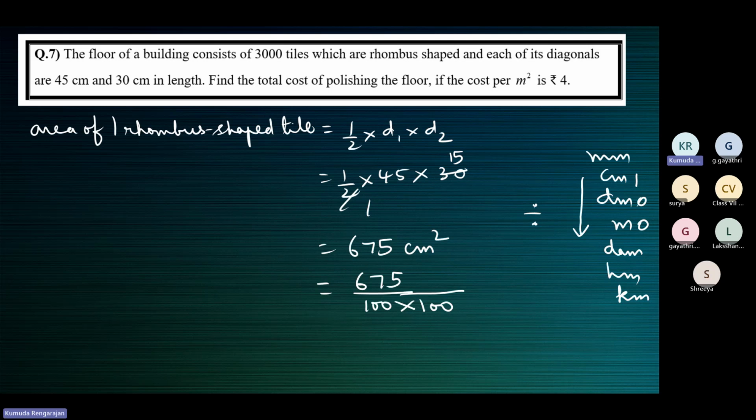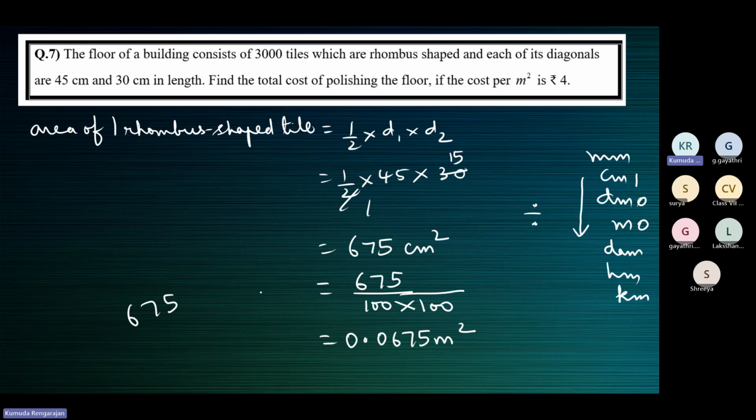Now here it is centimeter square. We are converting it to meter square. So you'll have to shift the decimal point. The decimal point is here. We have 4 zeros in the denominator, so it'll be 1, 2, 3, and 4. See here, 675.